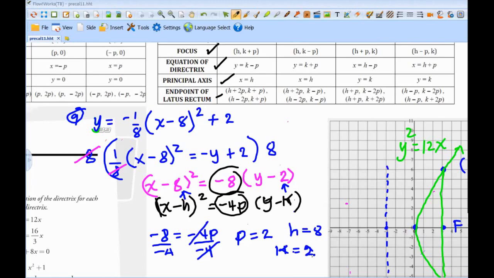So what is our formula for focus? H, K minus P. Do we have all of those given? Yes, we have. So the focus should be at H and K minus P. What is our H? It is 8.